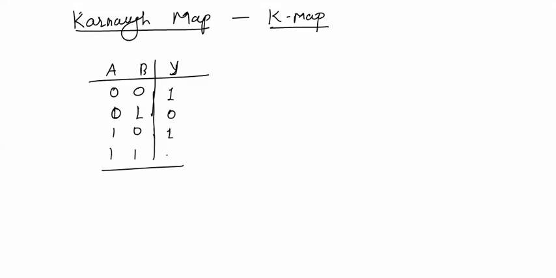Sorry, we will change. Suppose this is the value of Y for these input combinations. The expression for Y can be written in SOP form as Y equal to A bar B bar plus A B bar. This is the expression in SOP form.